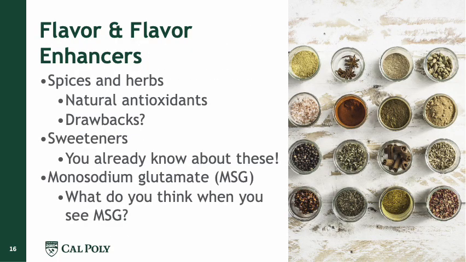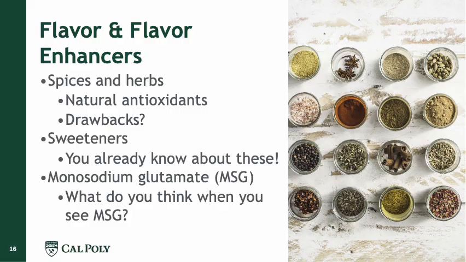The other type of additives are flavors and flavor enhancers. Some examples are spices and herbs, which are natural antioxidants as well. Some of the drawbacks are the same as with colors. Some spices have a specific flavor, and sometimes we don't want that flavor in our food, like cinnamon.